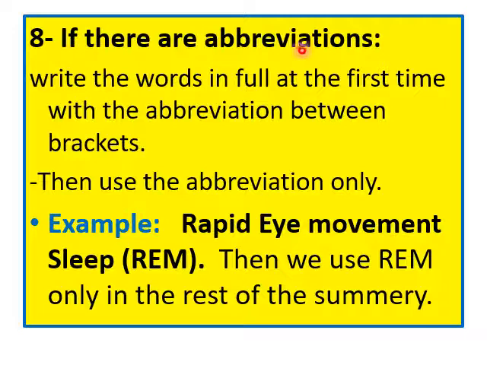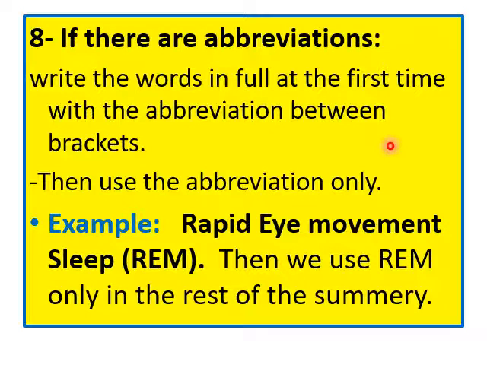If there are abbreviations, write the words in full the first time with the abbreviation between brackets. Then use the abbreviation only. What does that mean? We said a moment ago that when I have a specific terminology or scientific name and I want to refer to it in many sentences, I use the terminology as it is the first time, and then I refer to it using the pronoun.